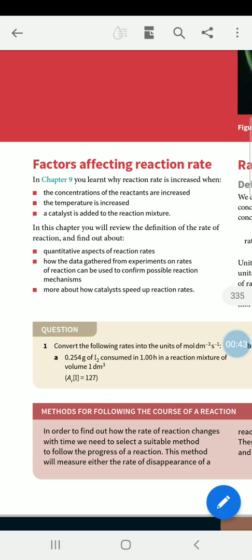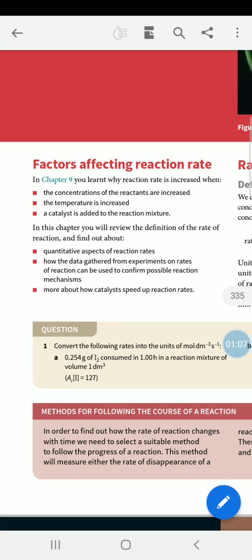So to find the rate of anything, you can actually look at two sides, that is the start or the end. You can look at the end product or the beginning. Now when it comes to a chemical reaction, you can look at the reactants or the products.